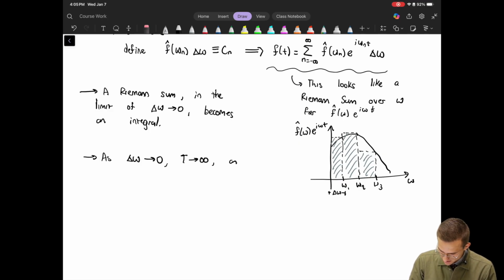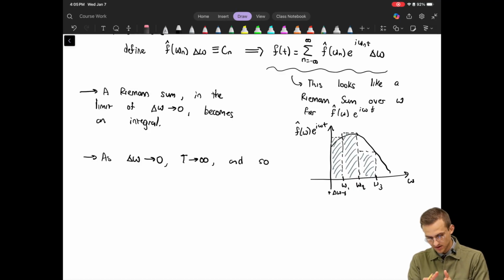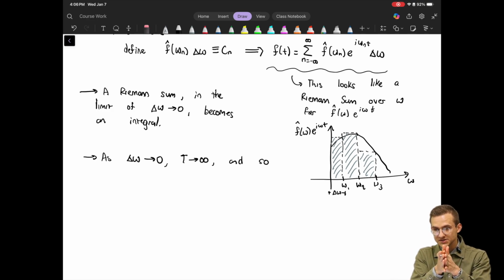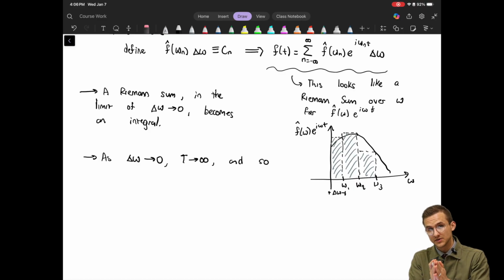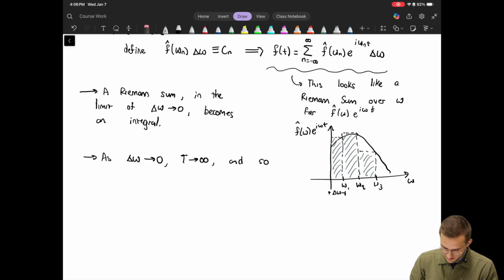And so the set of frequencies that you're summing over, the omega n, are getting closer and closer spaced, and you're still summing over all n. So you're still summing from infinitely negative frequencies to infinitely positive frequencies, but they're getting closer and closer spaced. And so this set of frequencies begins to look more and more like the real axis, like the real line.